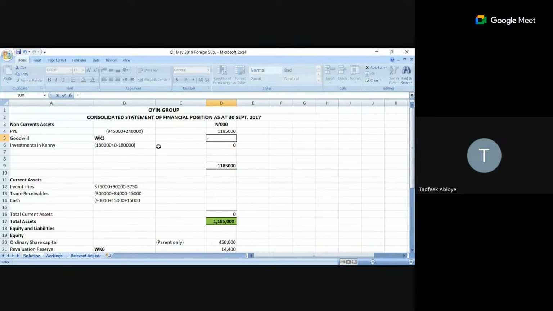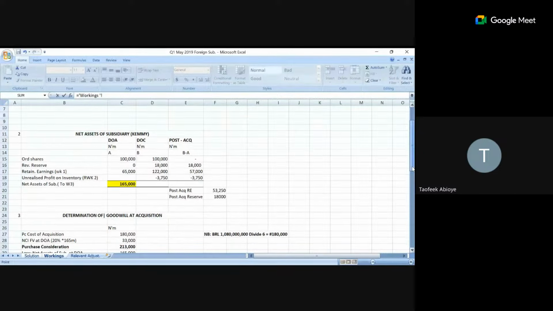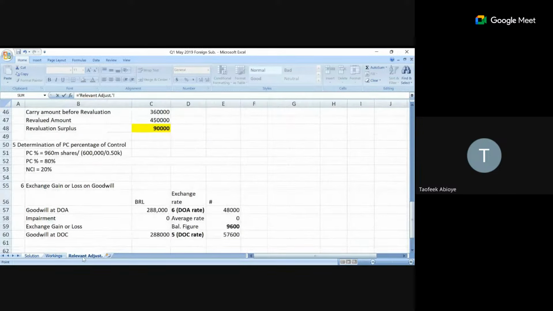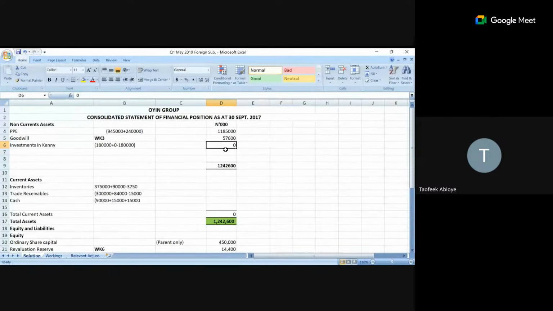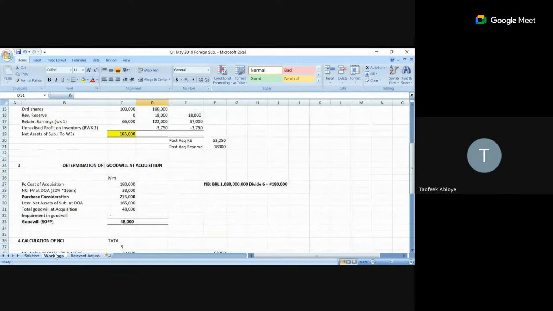Now, goodwill. Please, let's take note. The goodwill in this place will not be the goodwill here. You know that all the goodwill we have been calculating is this one. Please, it's not this one. It is the goodwill as at DOC that we will pick. This goodwill is as at DOA.